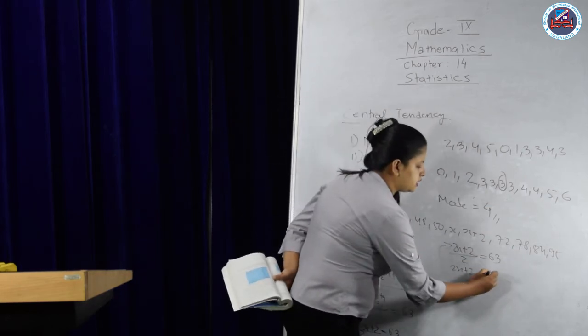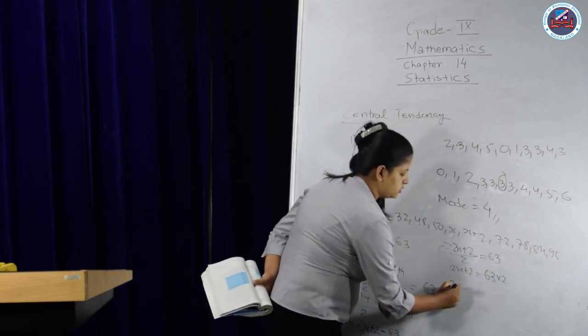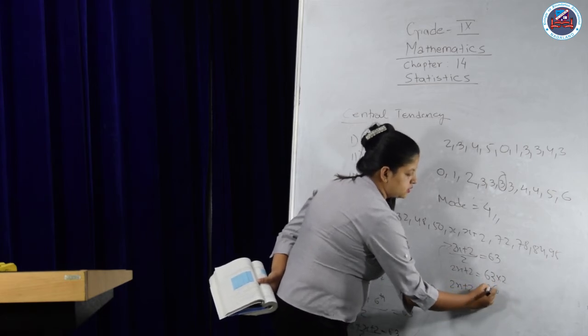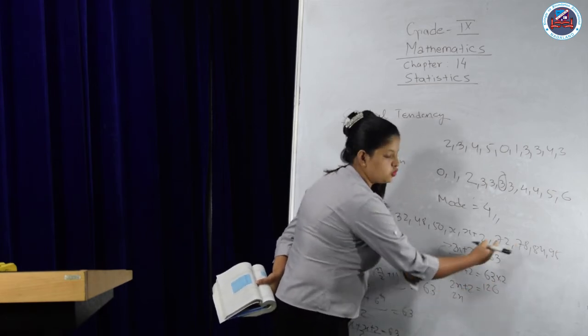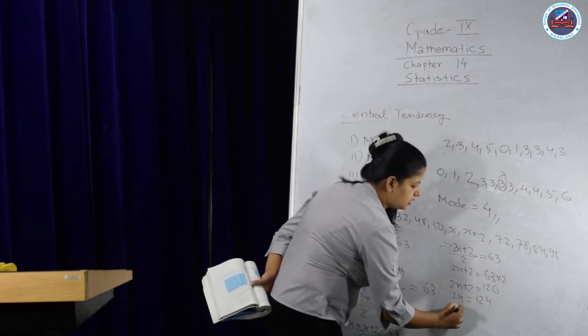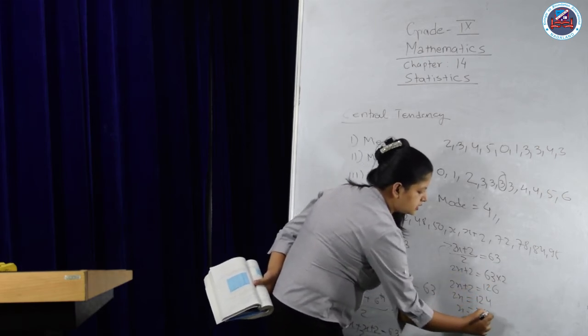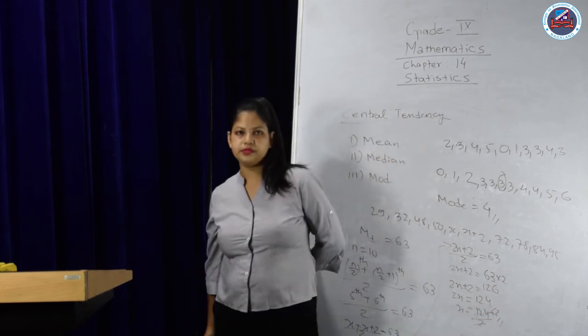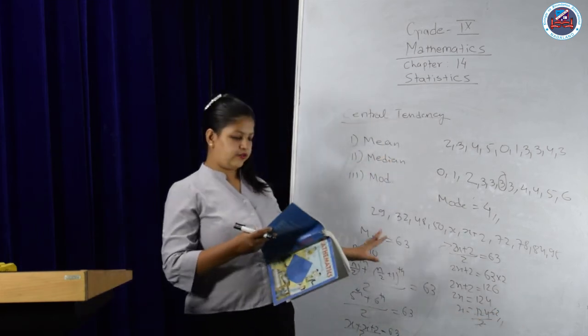So 63 into 2, 126, and finally the 2 will go and be minus there, plus will go to the other side and be subtracted, and 2 will go and divide like this. So like that you can find your x.